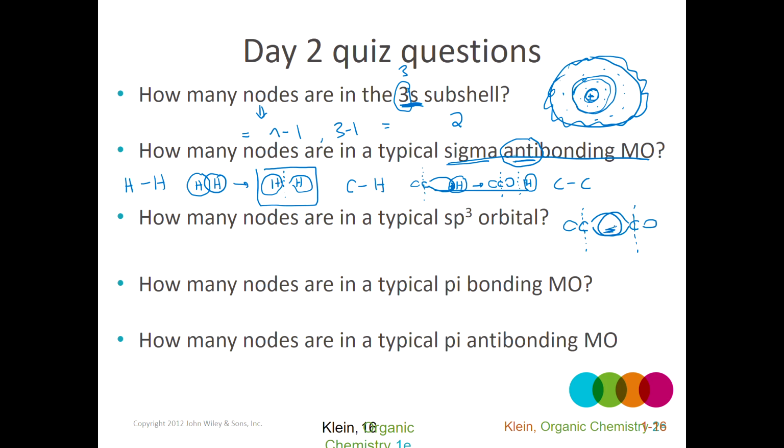If the area of overlap results in destructive interference, that would create a third node. So there'd be 3 nodes if it were a CC sigma bond. Sometimes these 2 nodes on either side aren't really considered important though, because they were already there to begin with. It's the formation of a new node in the area of overlap, if it's an antibonding molecular orbital, that makes that especially unstable.